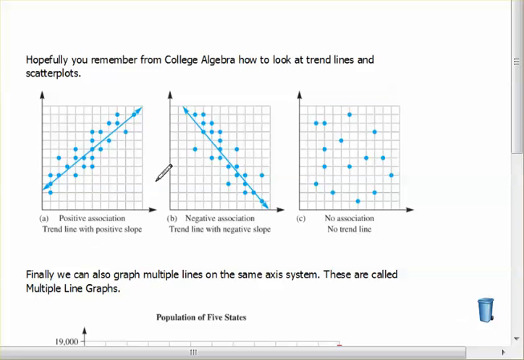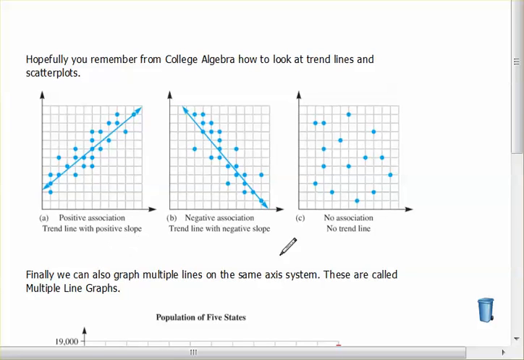Now, trend lines and scatter plots, there are three different types. We have those that have an association, meaning the plots are clustered close together. And you can see that when we draw in that trend line, it's going from left to right up. That means that it has a positive slope in the trend line. Now remember, lines all come in the form of y equals mx plus b.